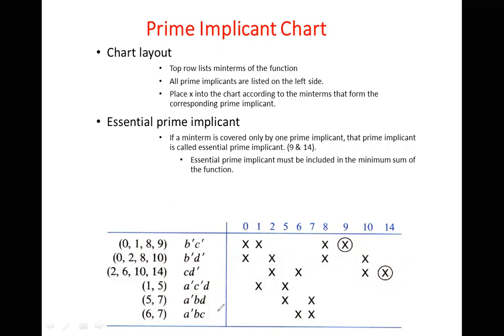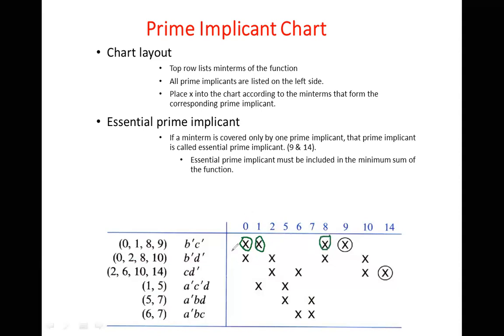So, how do we choose? First, let me take one example. I've taken B bar C bar. B bar C bar is covering 0, also covering 1, covering 8, and covering 9.